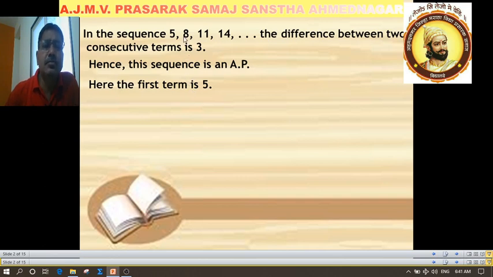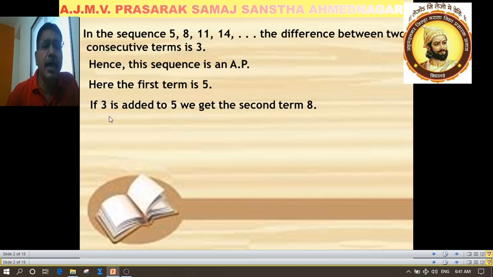The second term can be obtained by adding 3 to the first term 5. That is, if 3 is added to 5, we get the second term 8. Similarly, if we add again 3 to the second term, we get third term 11. That is, if we add 3 two times in the first term, we get third term, and so on.